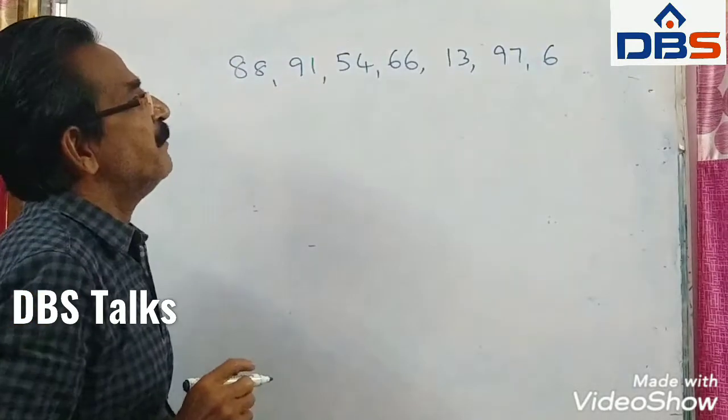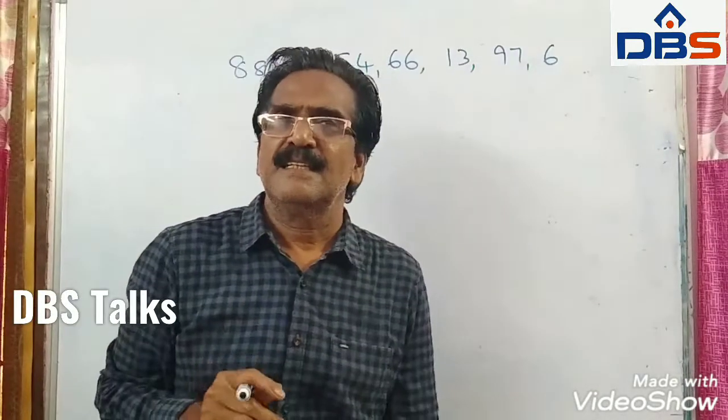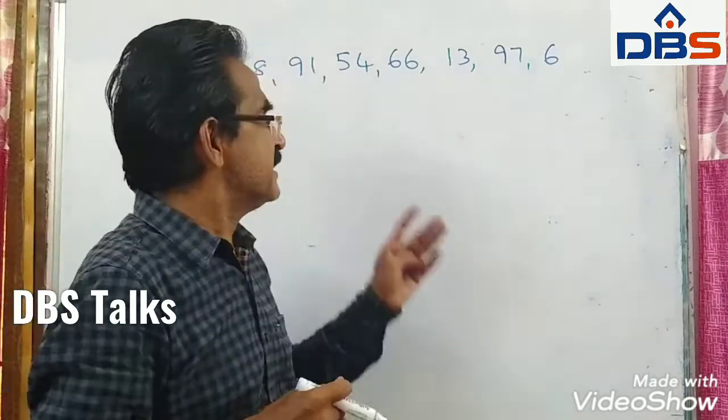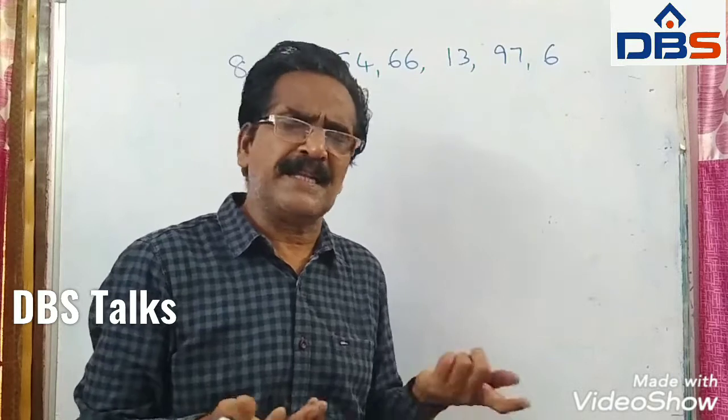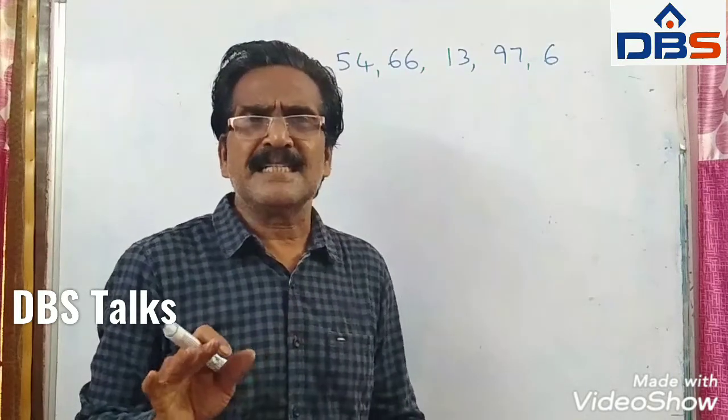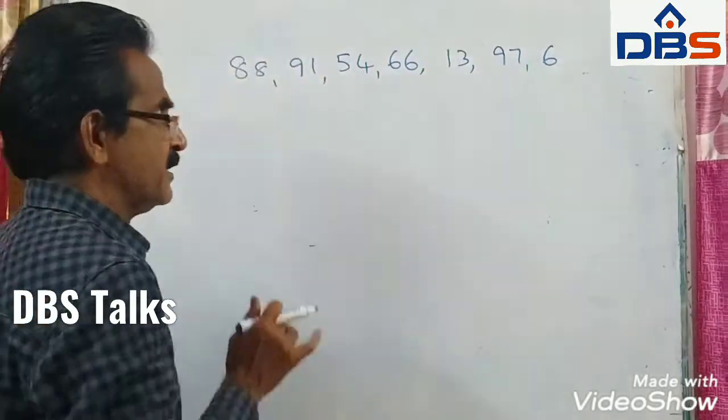So these are the marks of a student in 7 tests, or let us take the number of runs scored by a player, anything. It doesn't matter. These are the x values.